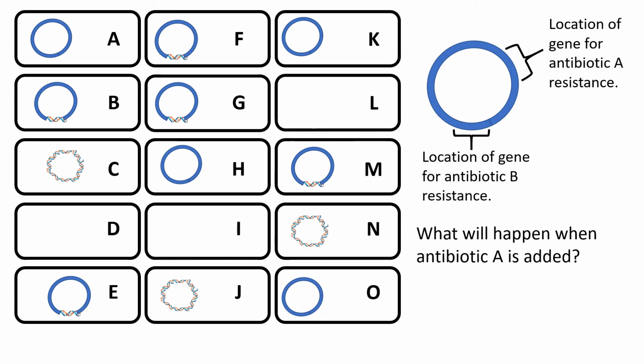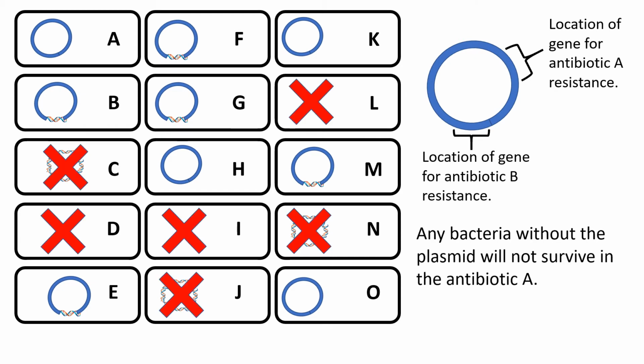So we would lose L, C, D, I, N, and J. If you look in the top right of the screen, you can see that the plasmid has the gene for antibiotic resistance A in the top right of the plasmid, and L, C, D, I, N, and J are all missing that particular gene. All the other bacteria do have that gene, and that gene is functional, therefore they are resistant to antibiotic A.